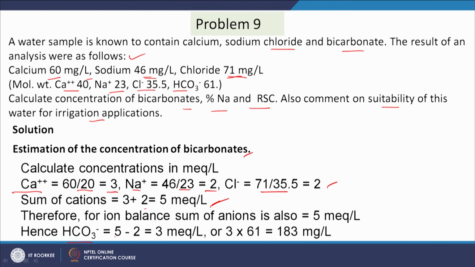That is total 5 minus chloride 2, so 5 minus 2 is equal to 3 milliequivalent per liter, or 3 into 61, that is the equivalent weight, so that is equal to 183 mg per liter. So, that is the concentration of bicarbonate, and then you have to calculate percentage sodium and RSC.